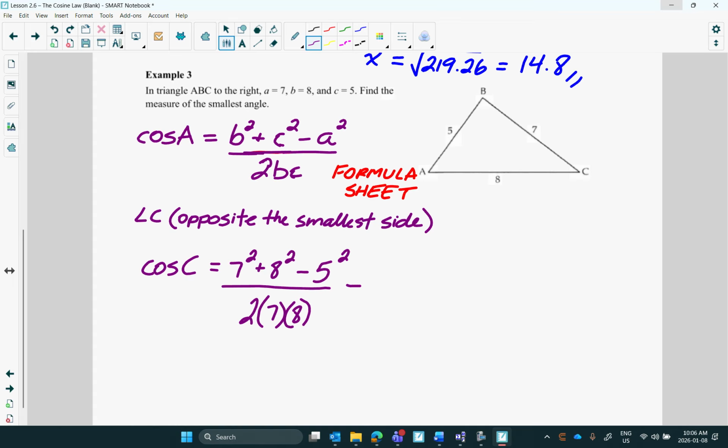So if we do the top, 7 squared plus 8 squared minus 5 squared, do that all in one shot, we get 88. On the bottom, 2 times 7 times 8 will give you 112.